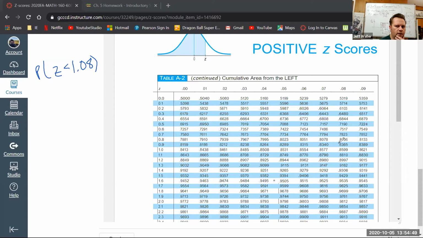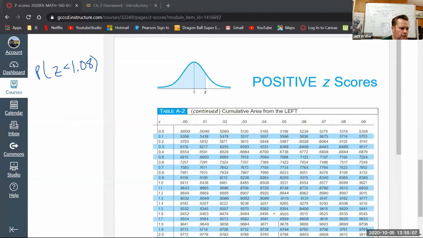So obviously 0 is going to have 50% below it because 0 is right in the middle. I really want you guys to get this. There's actually relatively little difference between using this chart and finding areas of rectangles. The only difference is when I draw the shapes that correspond to the questions, I don't get rectangles. I get funky things. I don't have a geometrical formula for this.